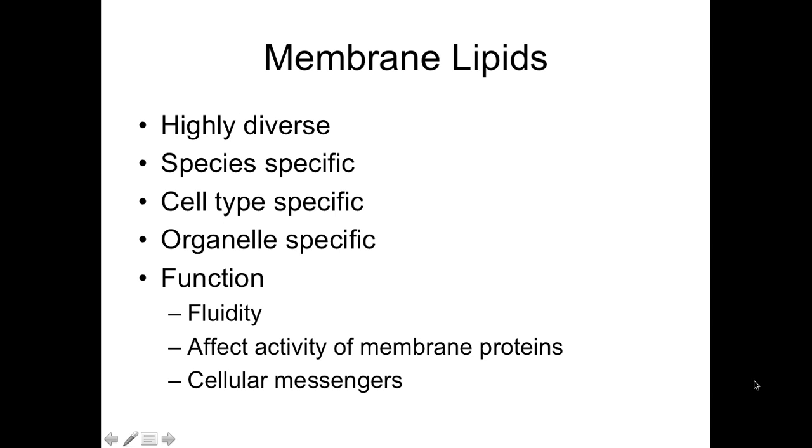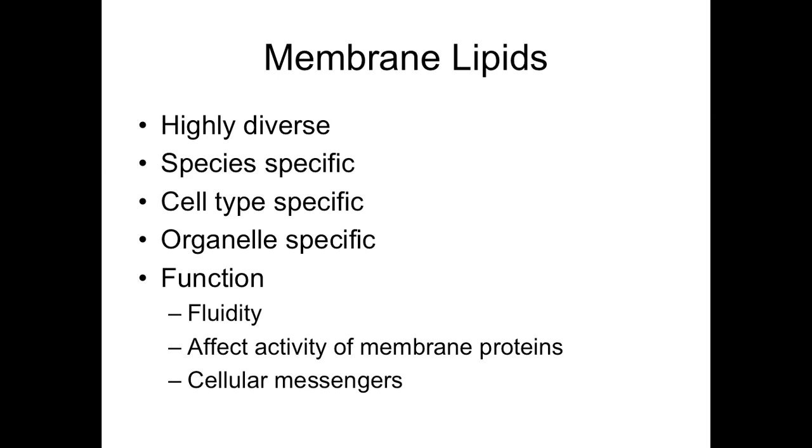All right, so one more thing to mention about membrane lipids is that different cell types and different species will have very different compositions of their membrane lipids. So if you look at chloroplasts, they actually have a lot of sphingolipids, an unusually high proportion compared to phospholipids.